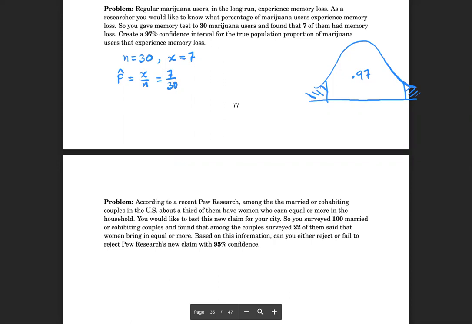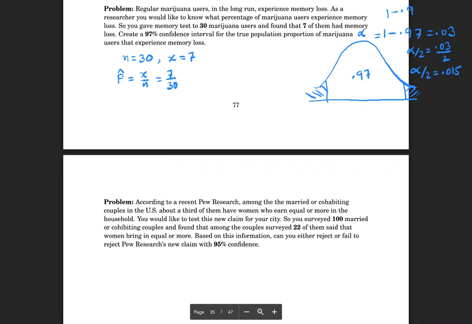So 1 minus 0.97 is 0.03. That's your alpha. So alpha over 2 is 0.03 divided by 2, which is 0.015.